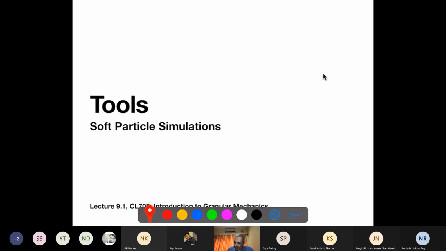We first started with vectors and tensors. Then we looked at numerical simulation of granular flows. The first method that we looked at was hard particle simulations. And in the last class, we started talking about soft particle simulations.